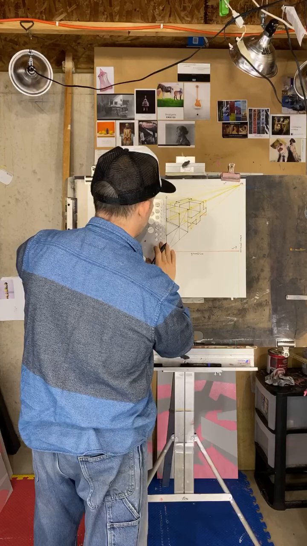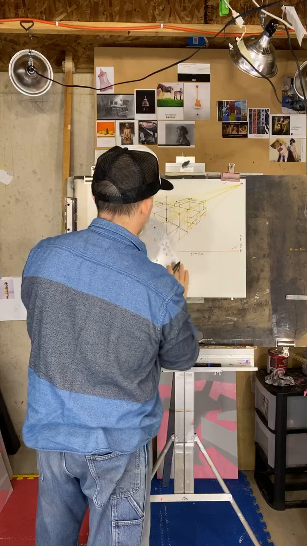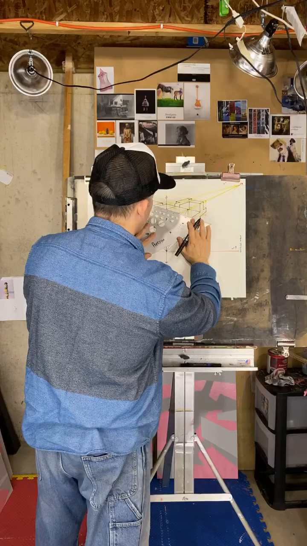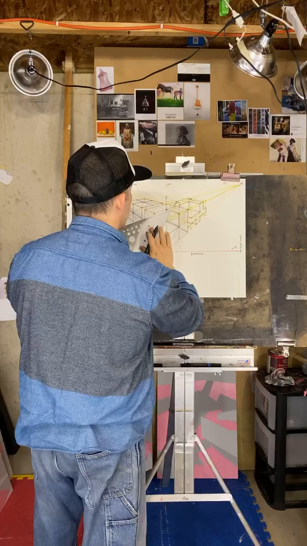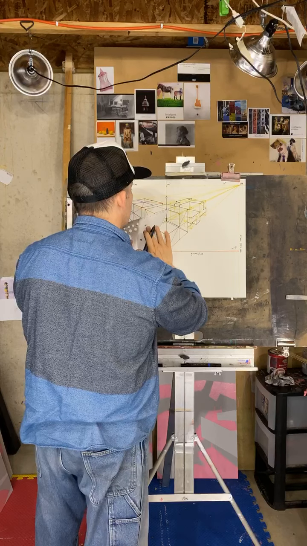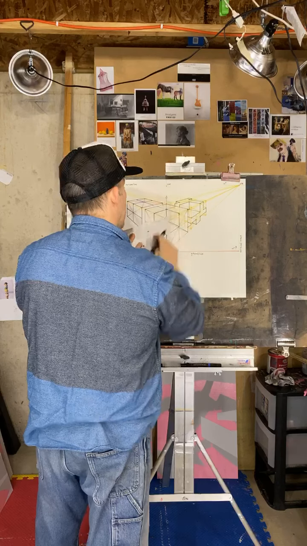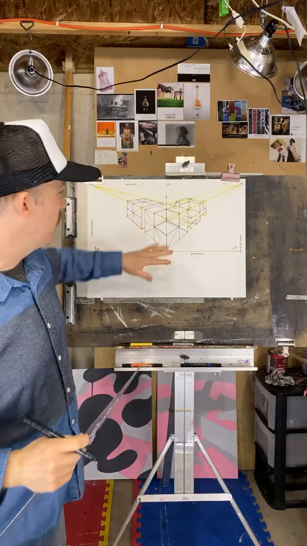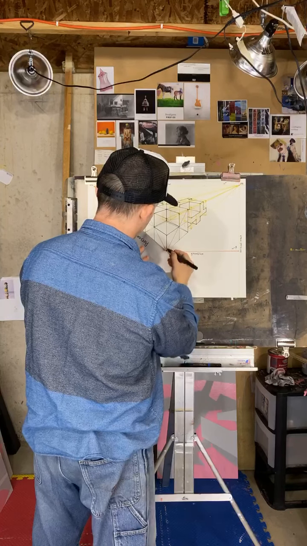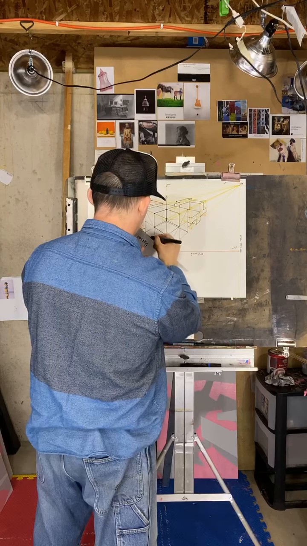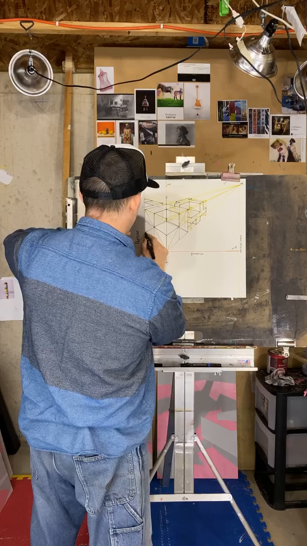So as you can see, things start to form here. Hopefully it doesn't get lost in all the lines that I have set here. But what this method teaches you is to look at your forms kind of transparently, and to look through your forms.